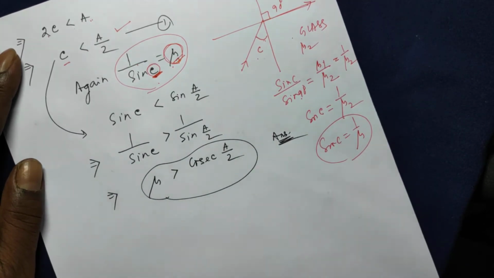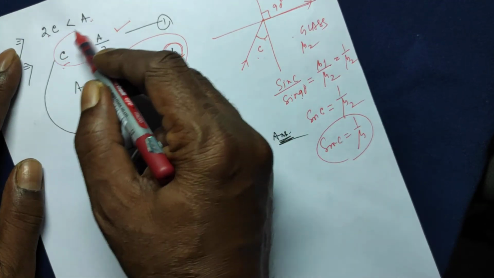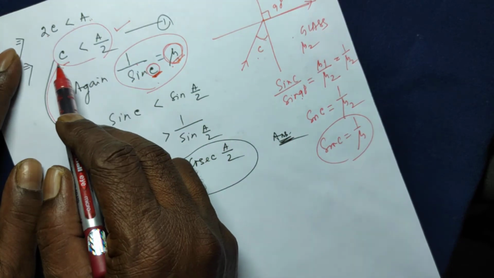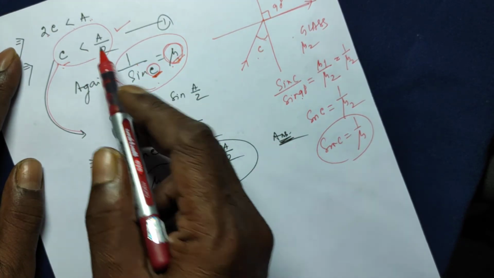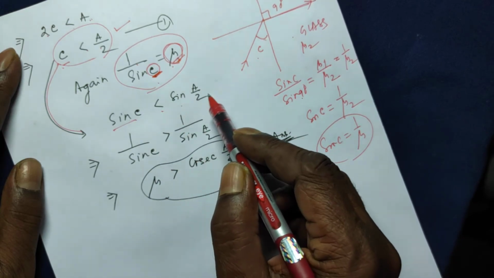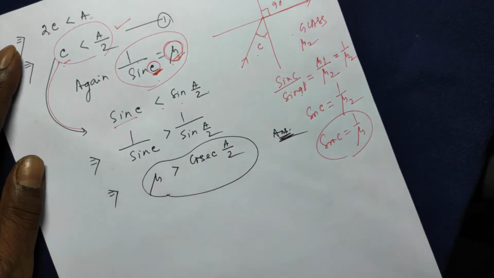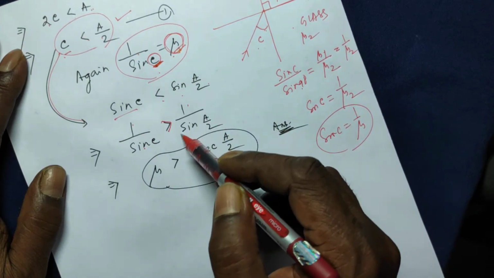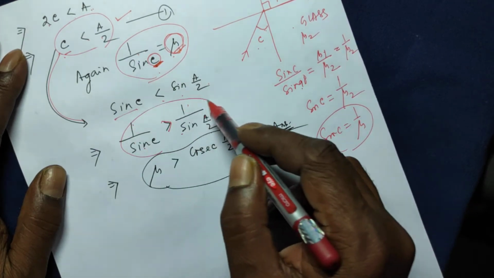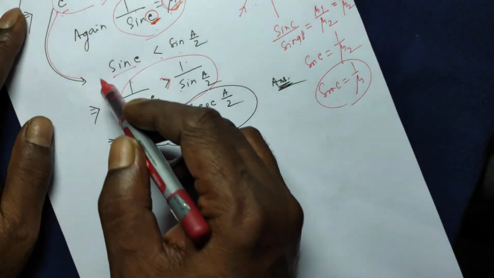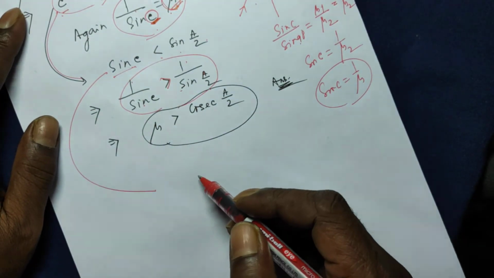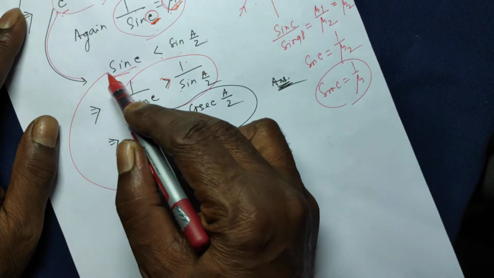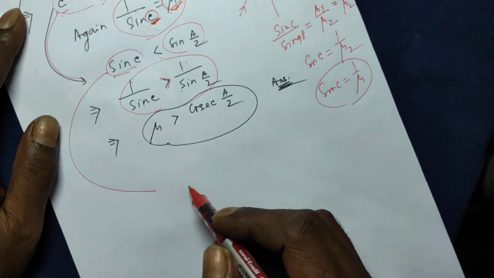So now since C is less than A by 2, I take the sine function here and sine function here. So sine C is less than sine A by 2. Now I take the reciprocal. So 1 by sine C will be greater than 1 by sine A by 2. Now how? Suppose this is a number, this is also a number.